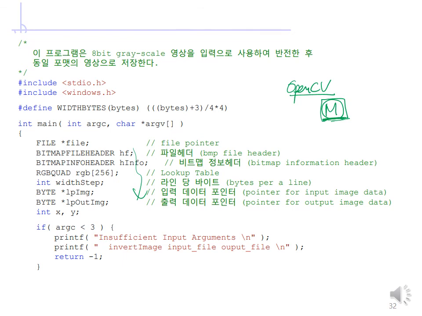But this is an example of computer vision software that is not using OpenCV. They use windows.h, so it is very complex and troublesome.